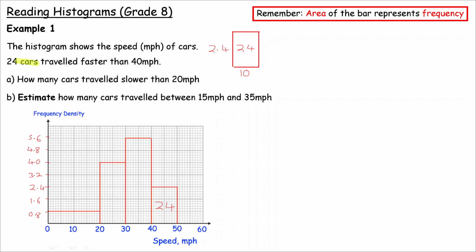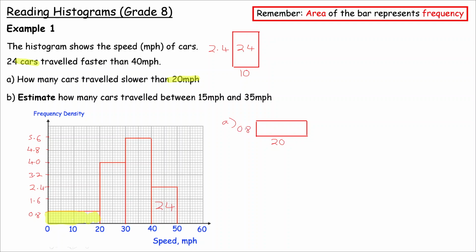Part A is asking how many cars travelled slower than 20 miles per hour. I'm looking at this bar here, because everything in here is less than 20 miles per hour. So how do I find the area of this bar? A really rough sketch: the width of that bar is from 0 to 20, so 20 across, and the height is 0.8.